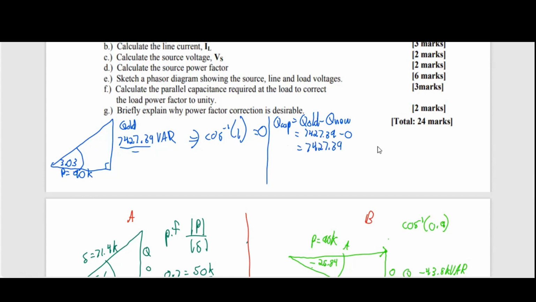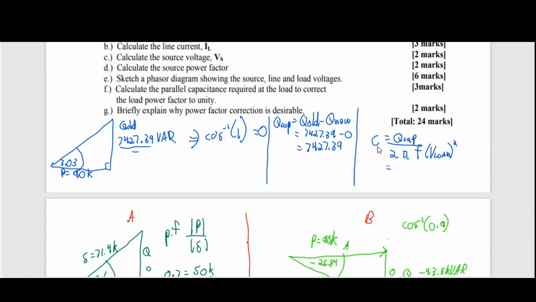So now we just need to calculate. Actually, we don't need to calculate anything. We just need to plug it into the equation. So I'm just skipping that whole derivation. So C would just equal Q cap divided by 2 pi F, times the load voltage squared.